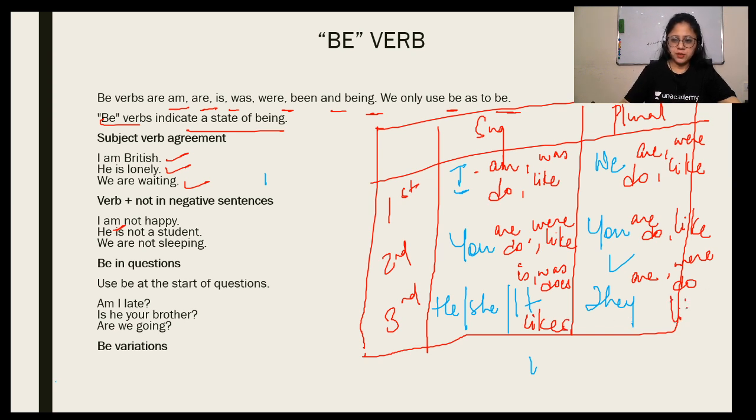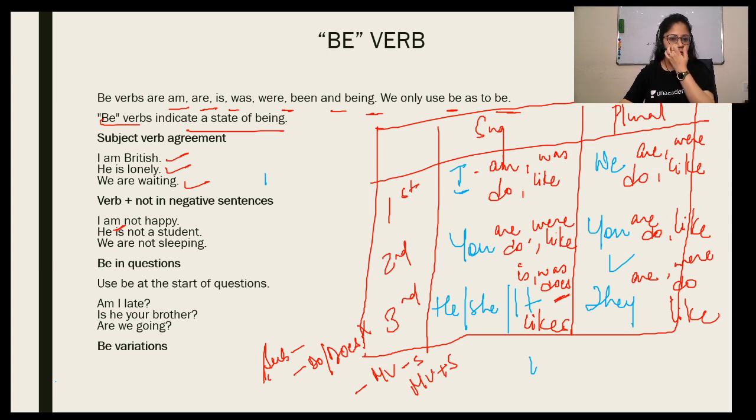So, now the one thing very, very important to notice and something I keep repeating is, if you have a do or does in the middle between the subject, which is he, she, it, so subject and then do or does, then the main verb will not take an S. So main verb minus S. But if the do or does is not there, then the main verb will take an S. I hope that's absolutely clear to all of you. Please confirm.